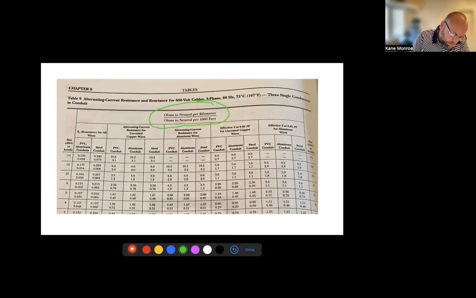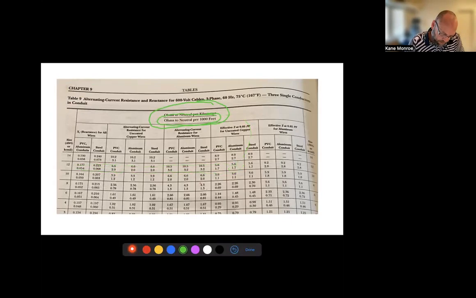So we'll be using this bottom portion, ohms to neutral per 1,000 feet. And if you look down anywhere in this table, you see these two numbers right here. The top number is your metric. The bottom number is what we'll be using throughout this whole table. All the bottom numbers here, because here in America, that's what we use.